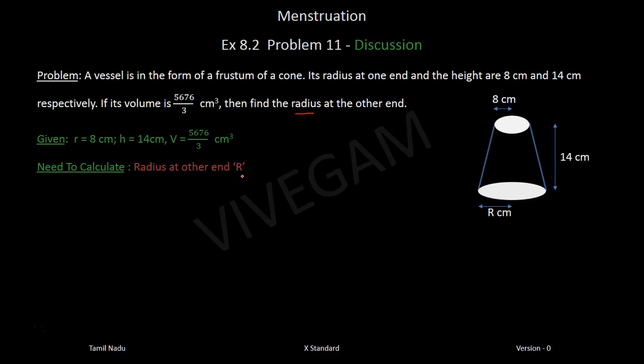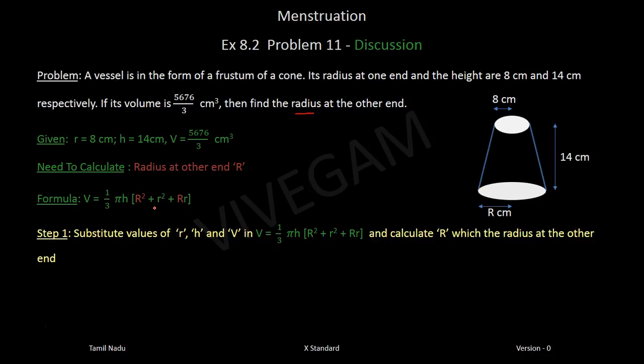Okay, so let's write the formula. Volume of a frustum is V equal to 1/3 pi h into capital R square plus small r square plus capital R into small r. If you look at this equation, R is the only variable which is not known. So you substitute V here, the height of 14 centimeter and small r of 8 centimeter, and we should be able to calculate the value of R. Let me summarize the steps.